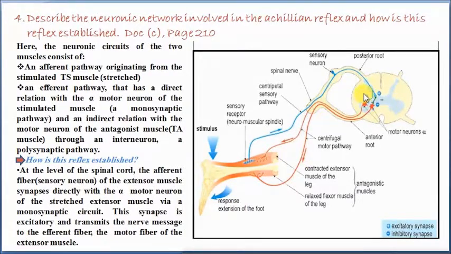Now, the last point we're going to look at before we talk about how the reflex is going to happen: you're going to have here positive and negative, which signify excitatory synapse and inhibitory synapse. So, how is this reflex going to happen?